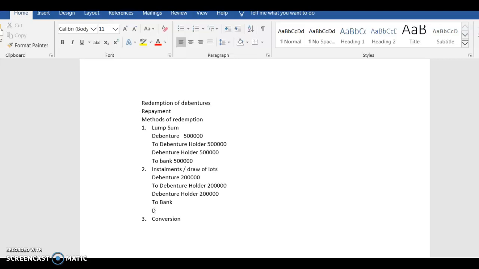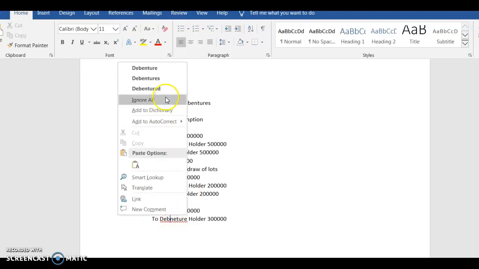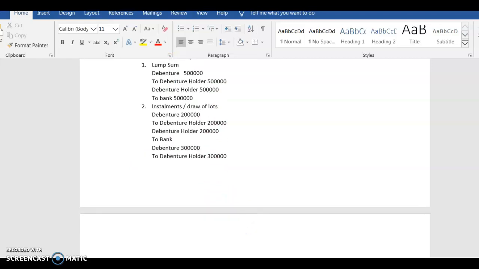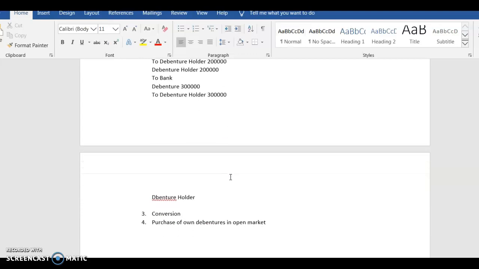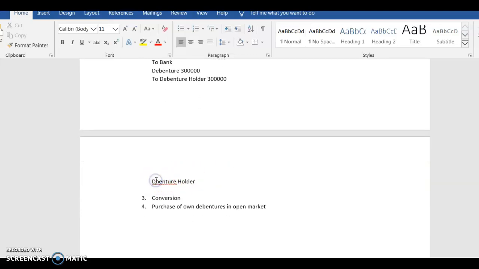And then maybe the next year you have redeemed the entire 3 lakh. So debenture to debenture holder, 3 lakh. And then finally, debenture holder to bank, right?